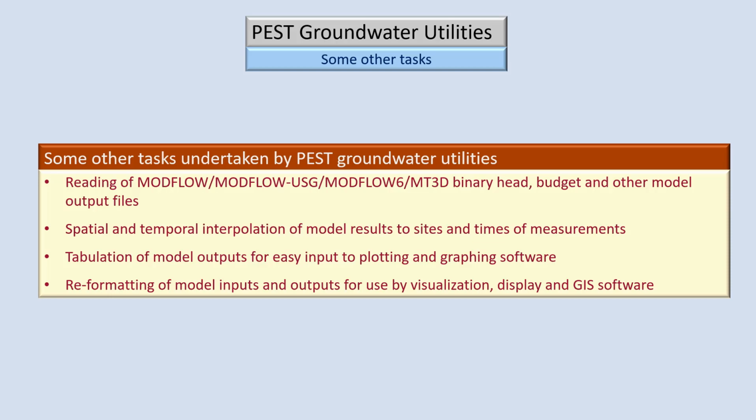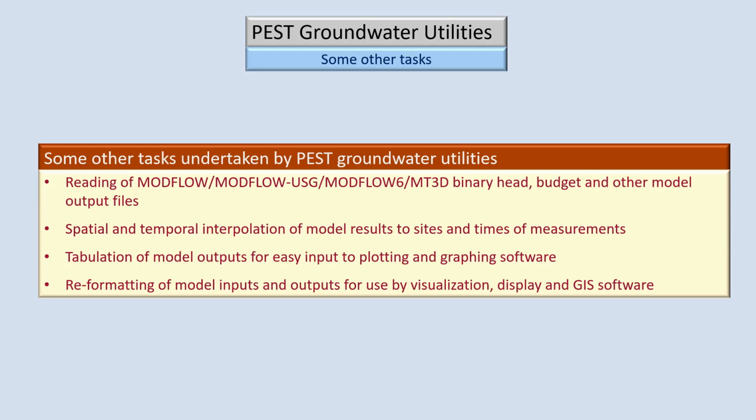Some utilities were written really without PEST in mind, just to perform functions that are useful but not necessarily built to facilitate the use of PEST with any particular model. For example, some utilities were built just simply to read output files produced by commonly used models.